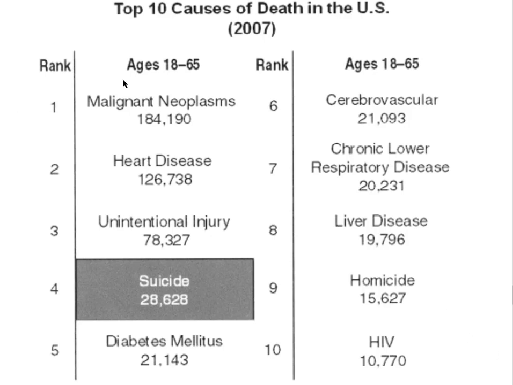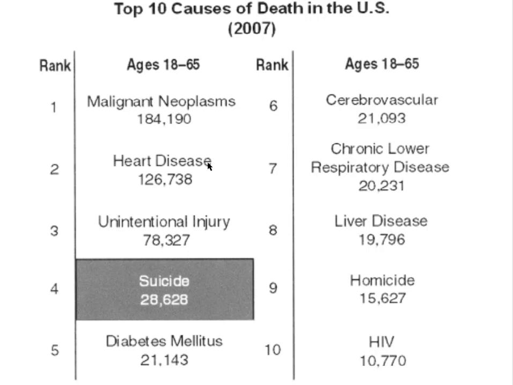The table begins here, and it's a listing that goes down like so, and then it begins again up here and goes down. Single most common cause of death for U.S. adults ages 18 to 65 is malignant neoplasms, which is a fancy way of saying cancer.